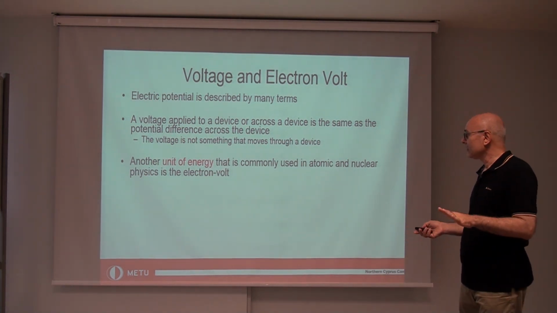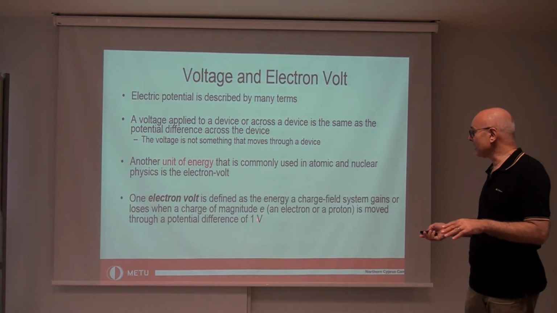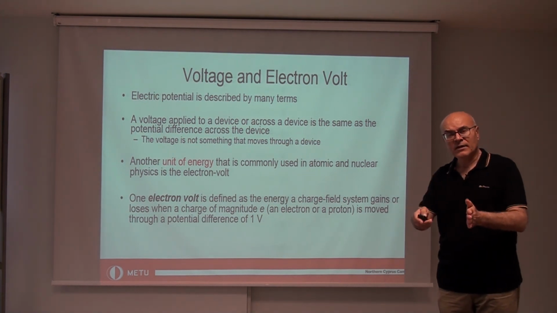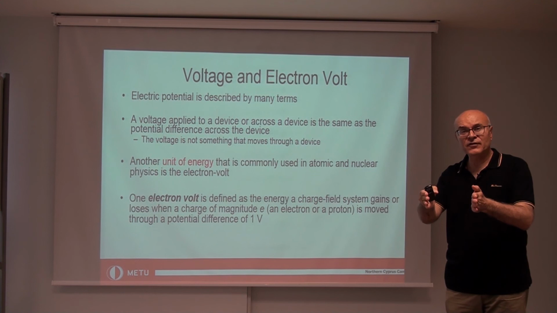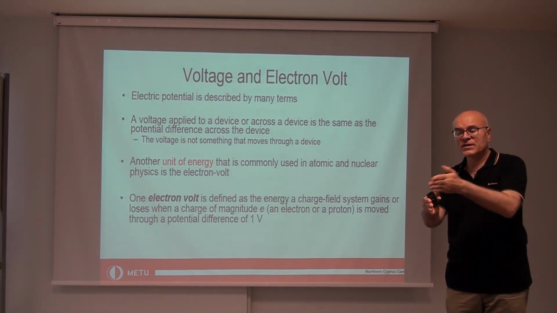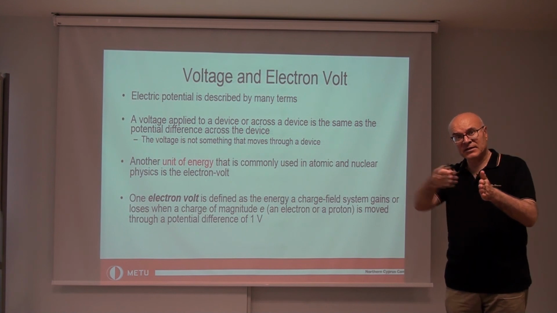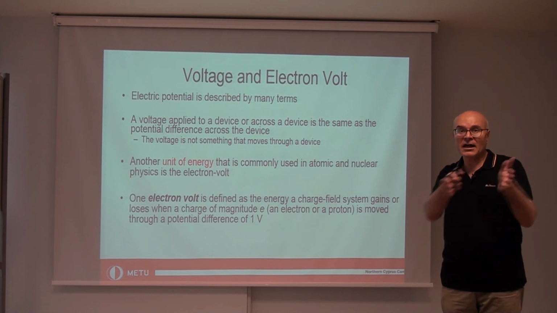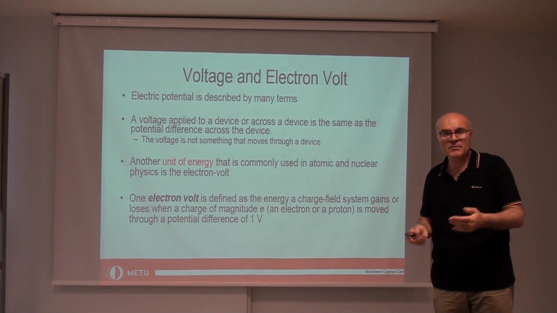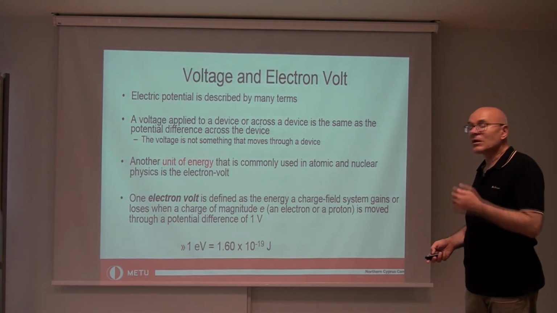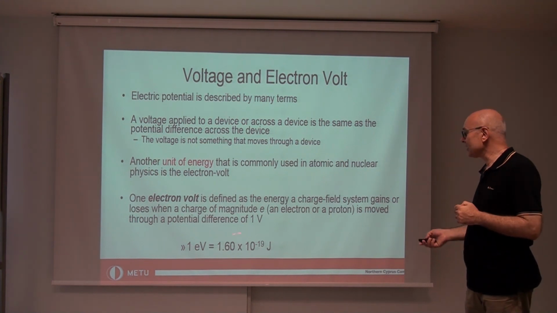Okay, and the meaning of electron volt is that if you have an electric field and there is a 1 volt difference between 2 points, and a charge e, which is the charge of an electron or proton, moves across this potential difference of 1 volt in the field, then the change in its potential energy is 1 times the charge. What is the charge? 1.6 times 10 to the power minus 19, and therefore 1 electron volt is equal to 1.6 times 10 to the power minus 19 joules.